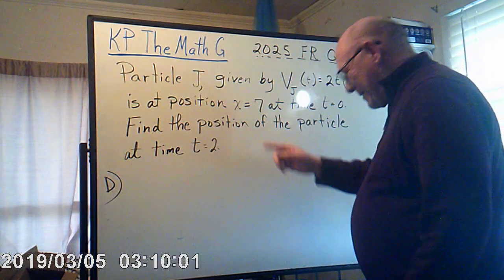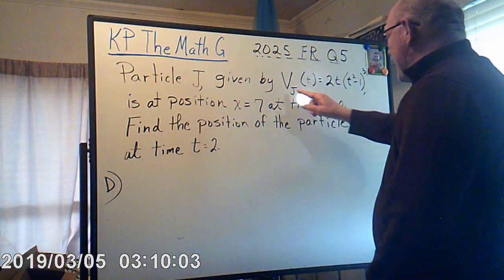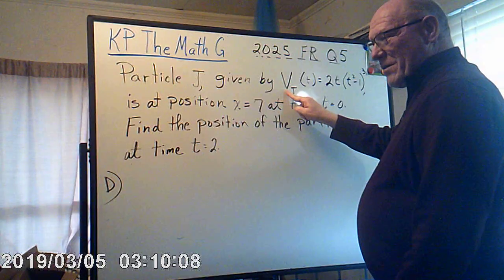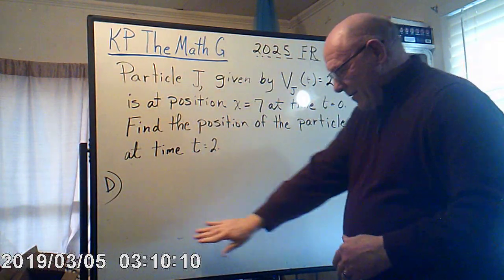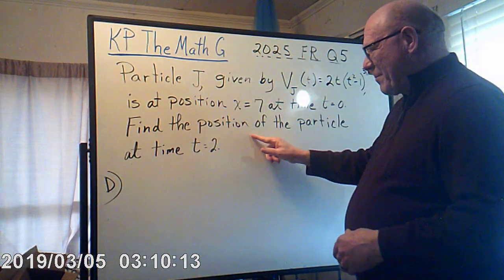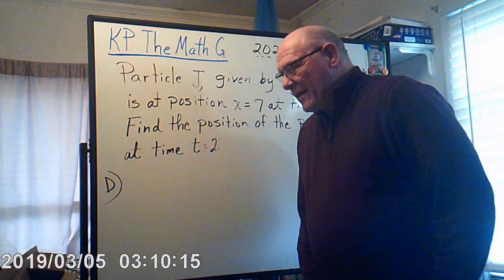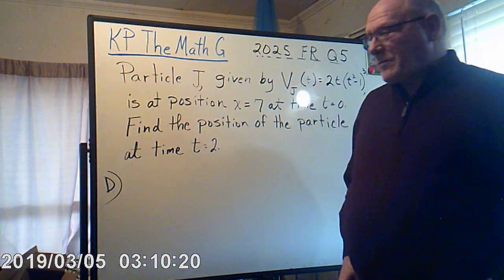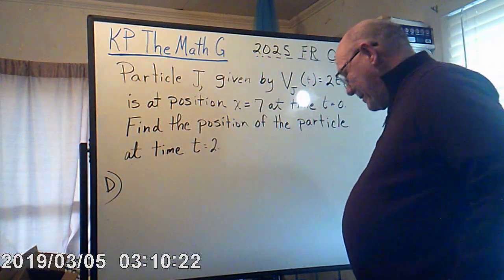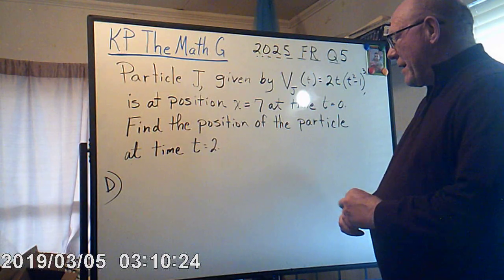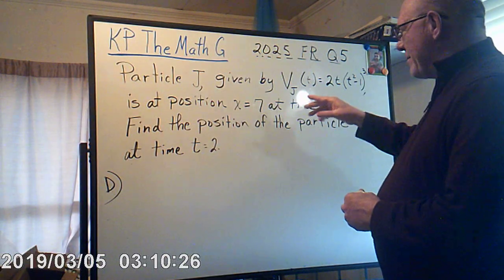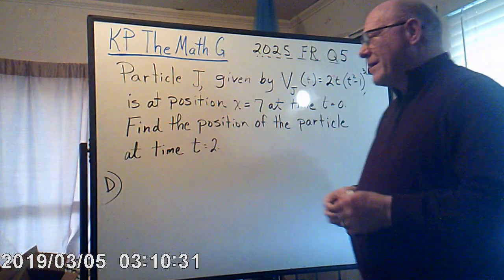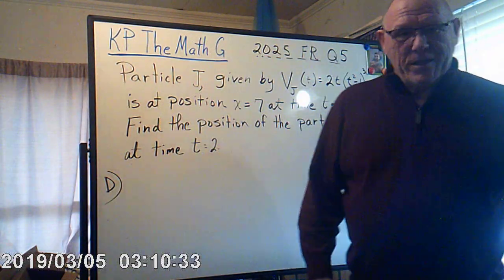Find the position. Okay, so now what's this equation written in? Velocity. So remember, we want to find the position. When we did our last problem, part C, I think it is, we had to find the acceleration.